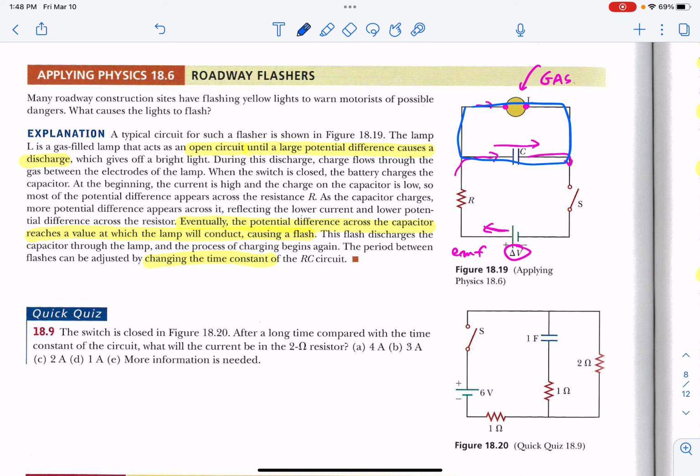And now all of this charge goes rushing through, and if the capacitor is chosen correctly, there's enough charge with enough oomph behind it to be able to bridge this gap, shoot through the gas, and cause it to light up and produce a flash of light. And then, of course, we have to start all over again. So there'll be a device that'll open and close this switch.